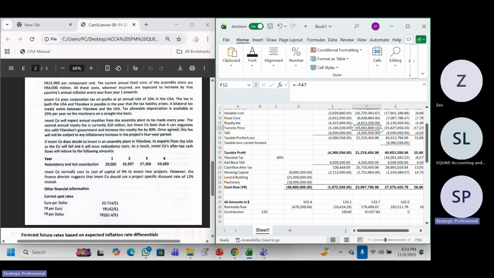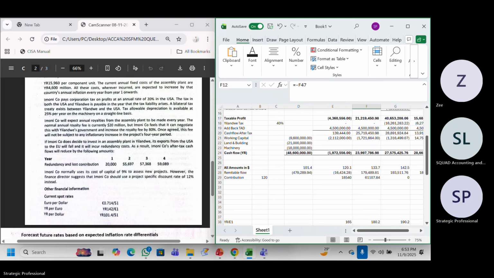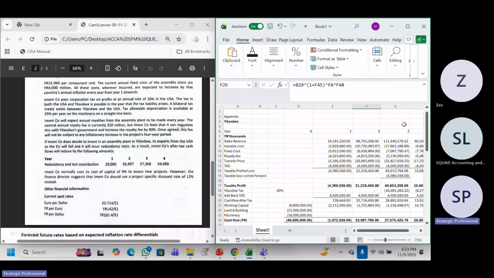Yes. So meaning that we're not supposed to grow this guy by year 2, year 3, year 4. It's just supposed to be constant.